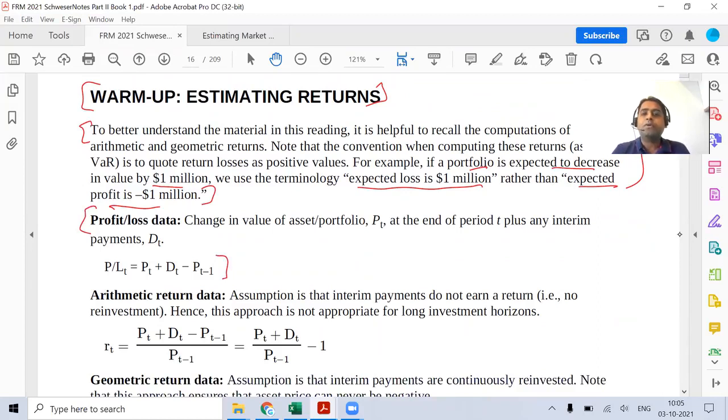If you have seen in Level 1, suppose you have entered into a particular trade, you bought it at, for example, $100, and during that period you got some income. And you have sold that asset at a higher price, so you will be able to identify either you have made profit or loss on that particular trade.